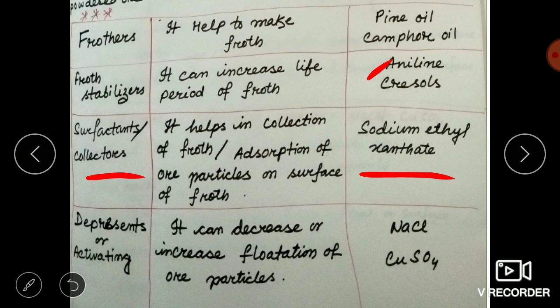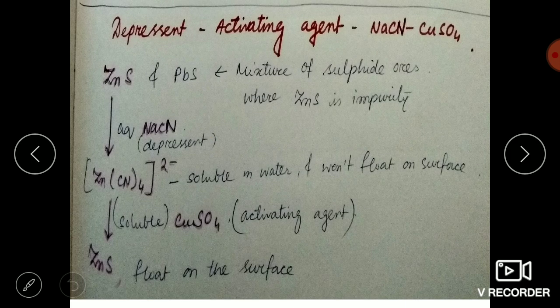If it is a depressant, it will decrease the floating of ore particles, and if it is an activating agent, it will enhance the floating of ore particles. Examples: the depressant is NaCN and the activating agent is CuSO4. Now let's see how it works. Important: the NaCN and CuSO4 combination.